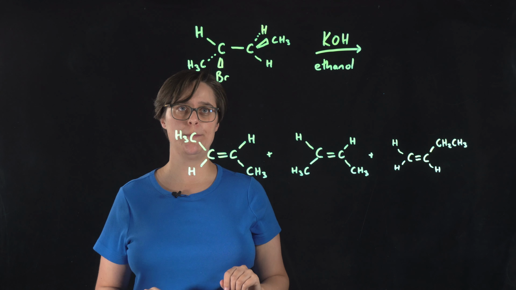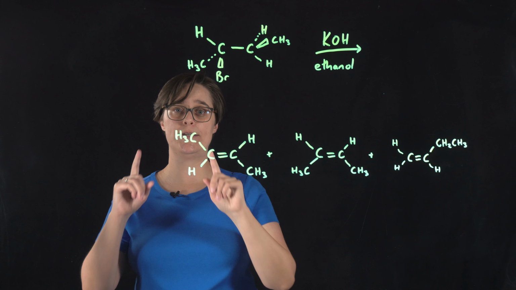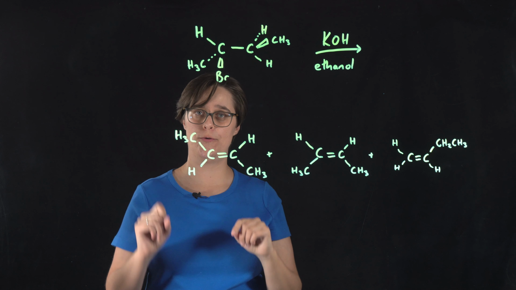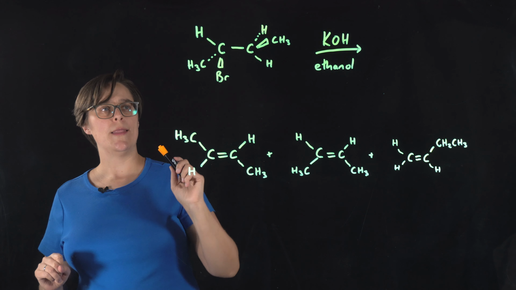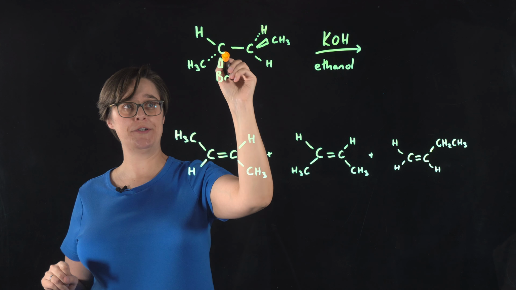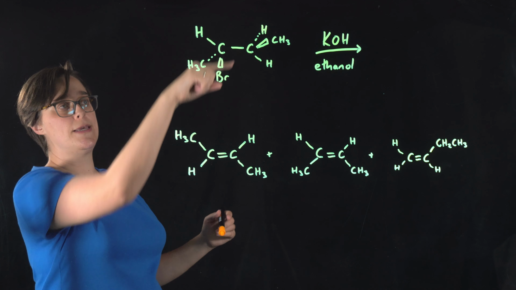This is our 2-bromobutane. We need a hydrogen that is either syn or anti to our leaving group of bromine. Let me draw a Newman projection of this as it is currently drawn, looking from here.